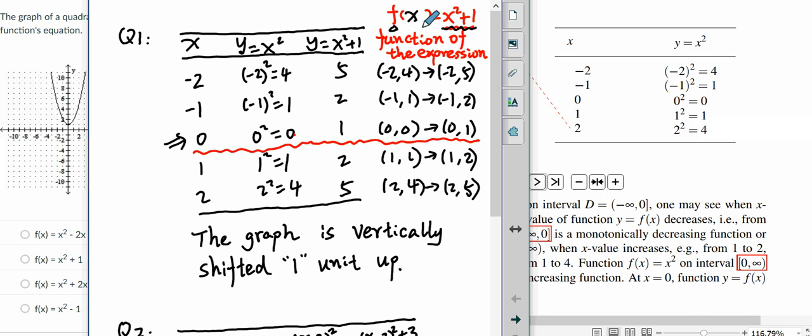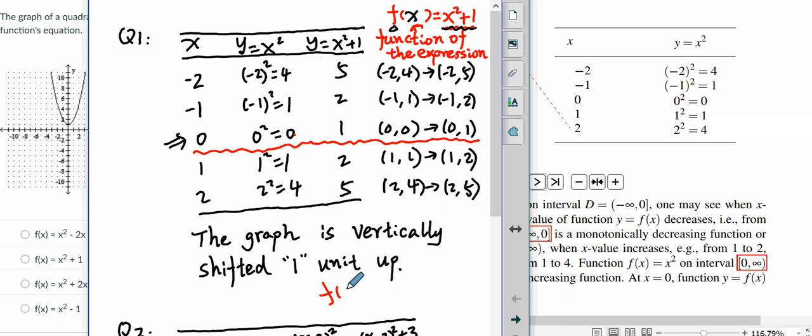Okay? So when you input -2 here, then x should be replaced by -2. -2 squared is 4 plus 1 is 5. So basically, f stands for function.